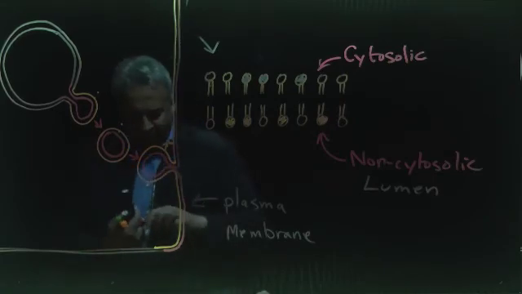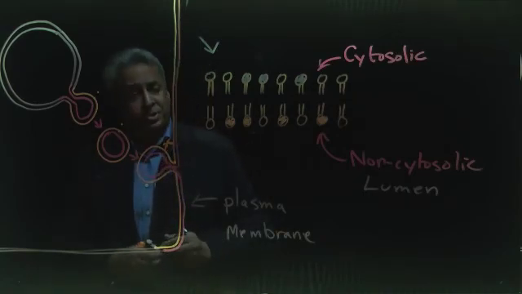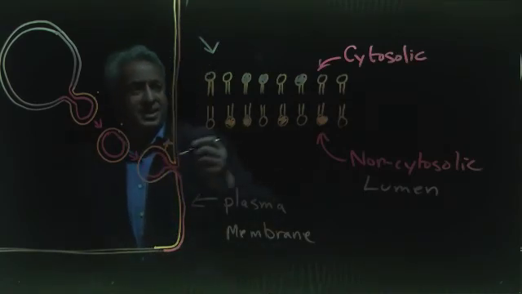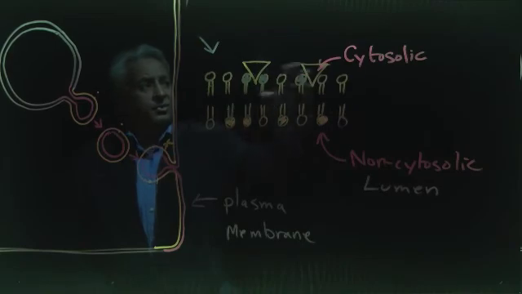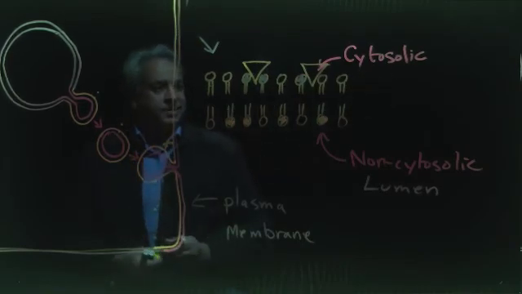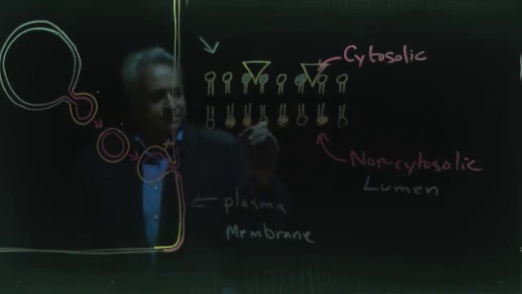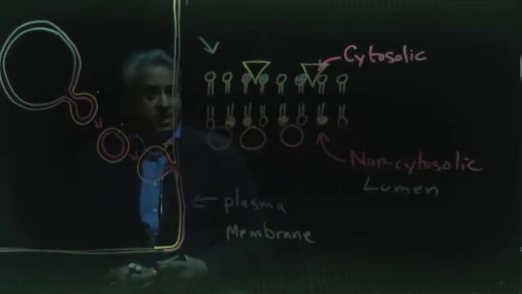So if we now populate this structure with some proteins, and let's draw the proteins diagrammatically to represent a couple of different shapes, the triangular proteins are only found facing the cytosolic surface, and let's assume that the circular proteins are only found in the non-cytosolic surface of that membrane.